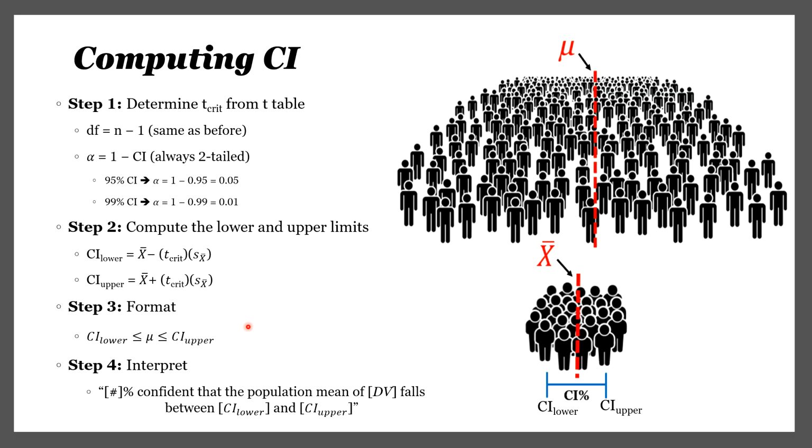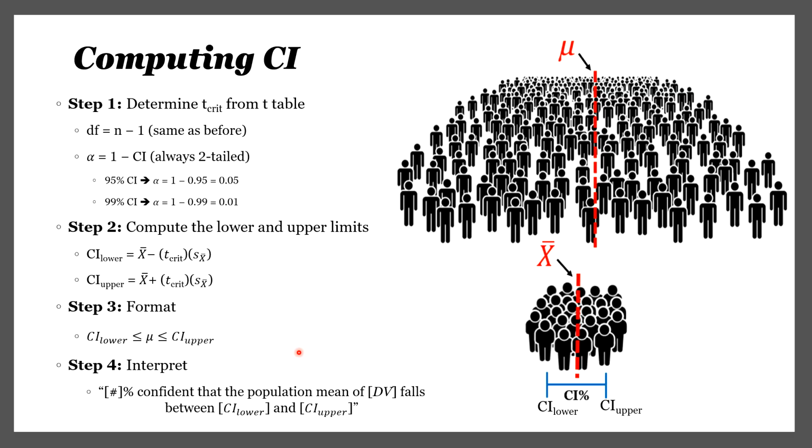And then you format your answer in the following manner. You say mu, the population mean that you're estimating, is greater than or equal to the lower limit and less than or equal to the upper limit. So you're basically saying that mu is somewhere between these two values.